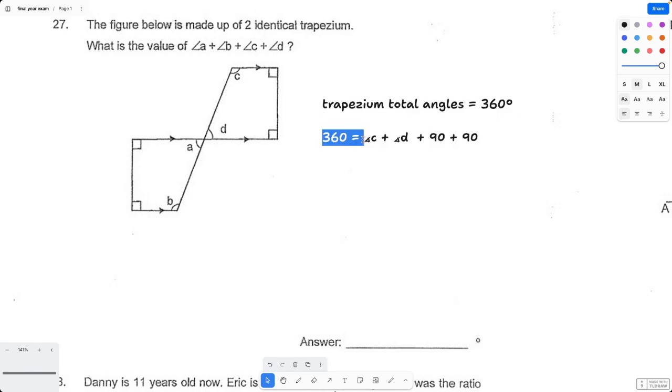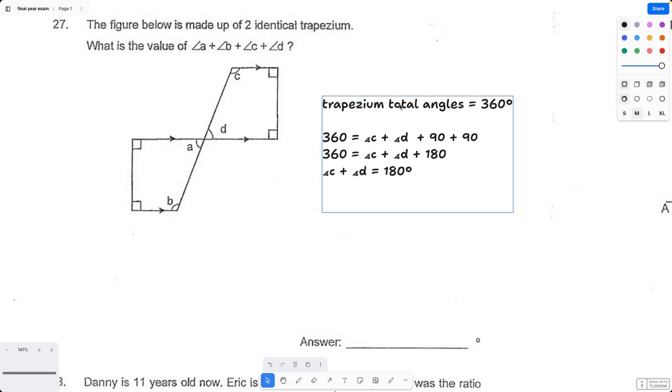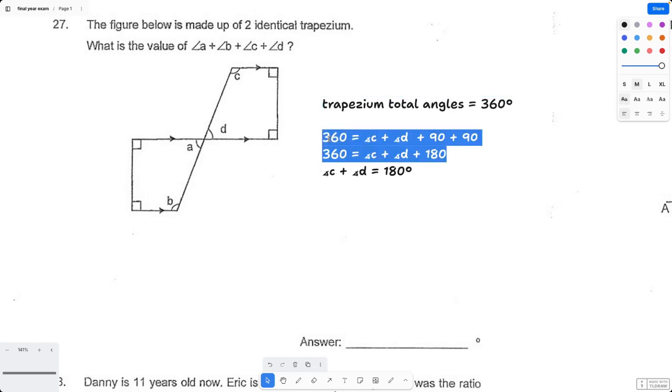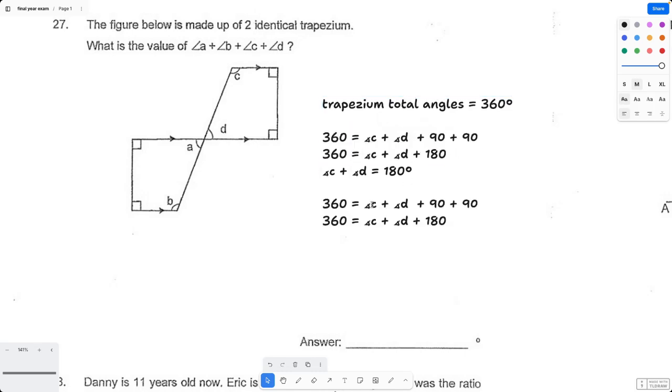So 360 is equal to 180 plus C plus D, right? So C plus D is equal to 180 degrees. Okay, pretty straightforward, right? Same thing as A and B as well, right?